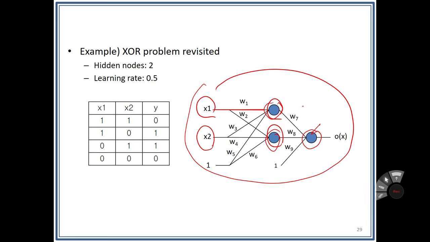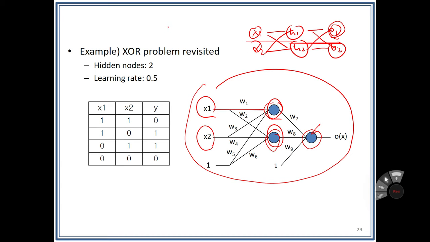So in fact, instead of this one, you can make x1 and x2, h1, h2, and then o1 and o2, so that class 0 can be encoded into 1 0 for O1 and O2, and class 1 can be encoded like 0 1.